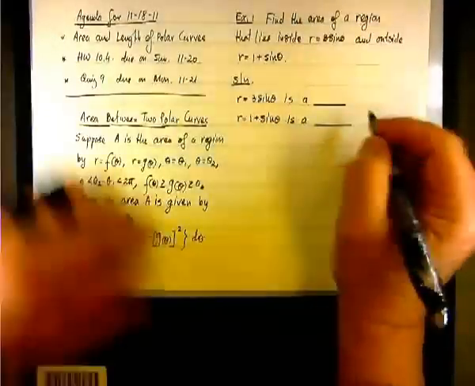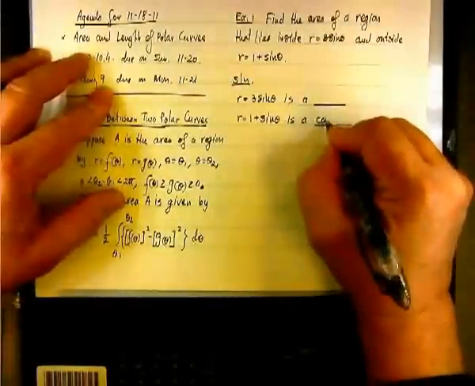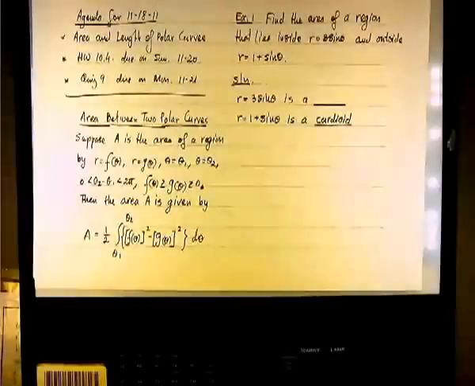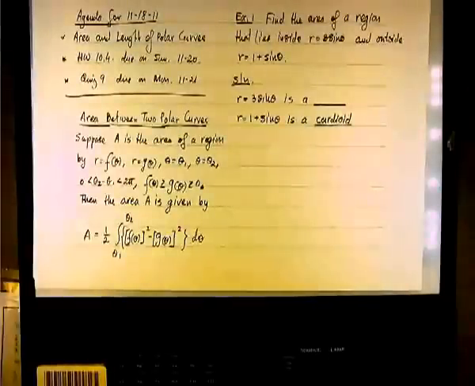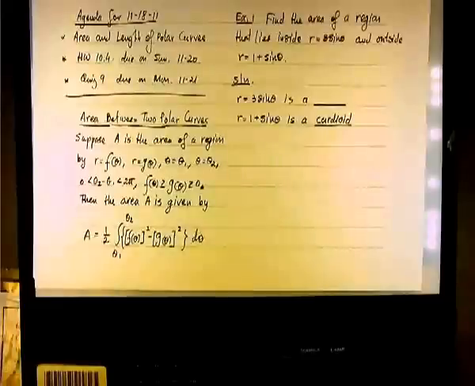Somebody said the cardioid, and that person is absolutely correct. So the second curve is the cardioid. What is the first one? You can look at it and think for a second.